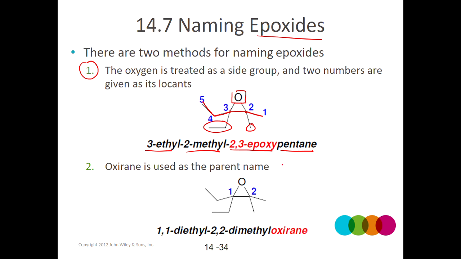So I can name the structure that way. Alternatively, the word oxirane can also be used as the parent chain. If you use this as your parent chain, you can only include the oxygen and the 2 carbons that are bridging it as the parent chain. You have to name everything else as a substituent.